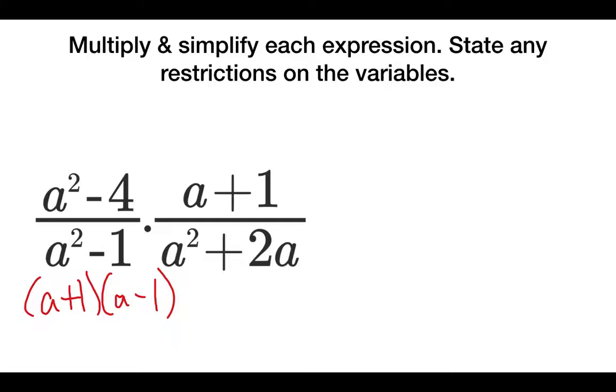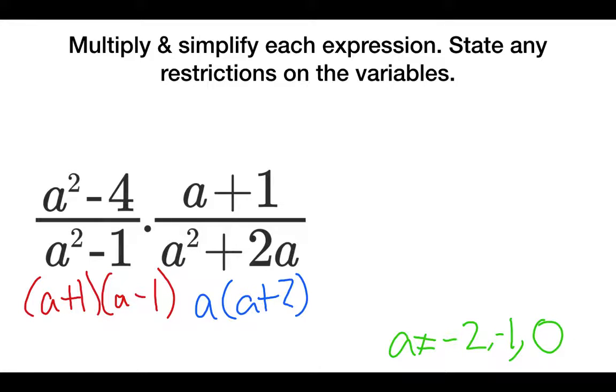And then the other part, well, let's see. That's going to have a greatest common factor of a times a plus 2. So let's see. That means a cannot equal negative 2, negative 1, 0, or 1.